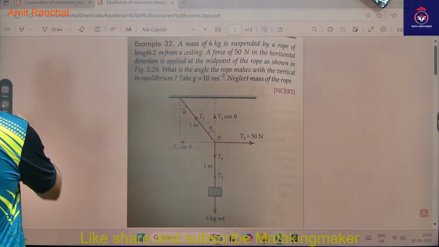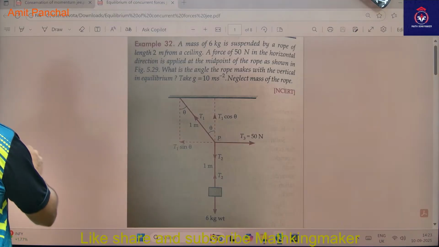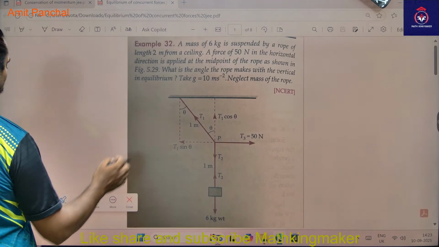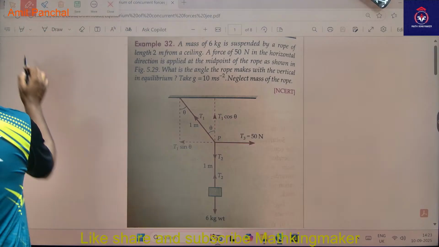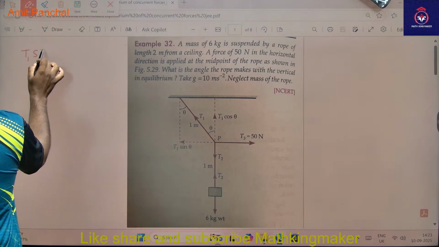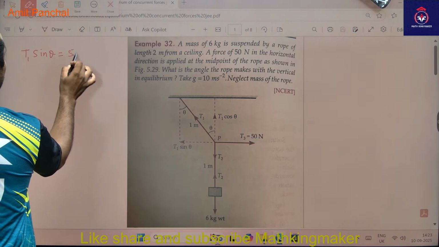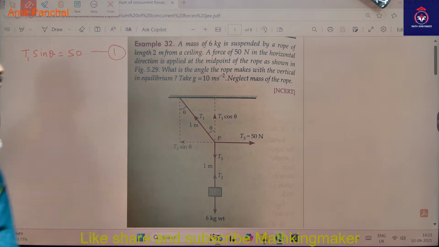So from this point of view, 50 Newton will be T1 sin theta. That becomes your equation number 1.